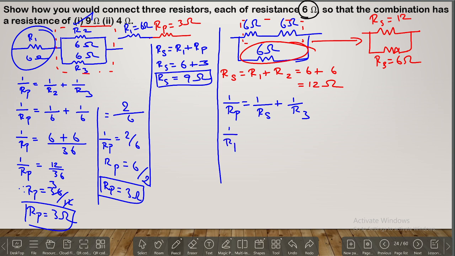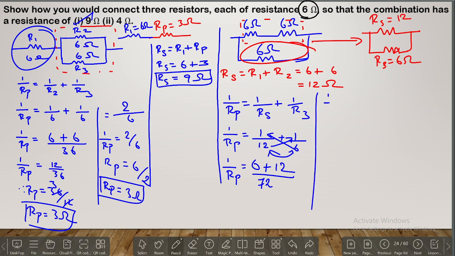1 by Rp is equal to 1 by, what is the value of Rs? 12, plus 1 by 6. So now do the cross multiplication. 1 by Rp is equal to 6 into 1 plus 12 into 1 by 12 into 6. 12 sixes are 72.